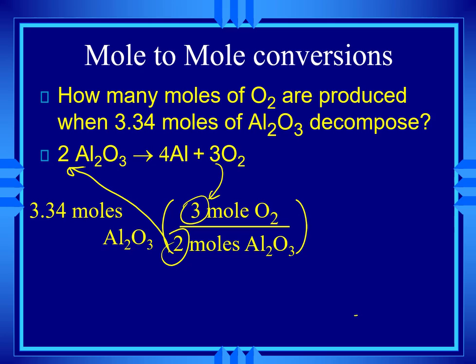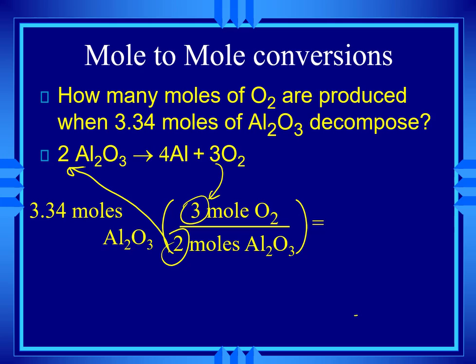All we did up to this point was say, oh, they're equal amounts. Well, darn, it's always equal amounts. I don't have to do all that work to figure out it's going to be equal amounts. But the fact that I can do it in moles is going to let me figure out how much I make, because I'm telling you how much aluminum oxide you started with, and you're going to answer with how many oxygens I made.